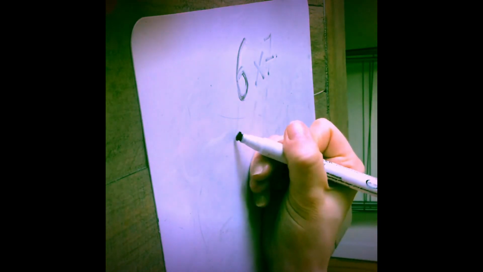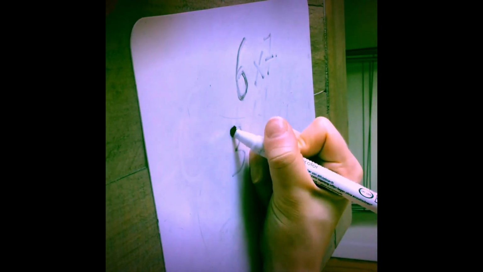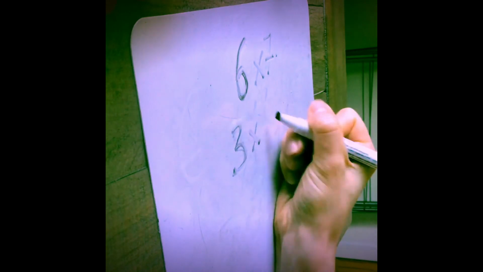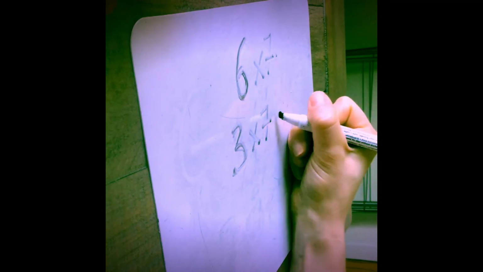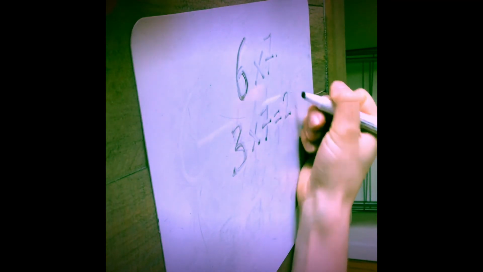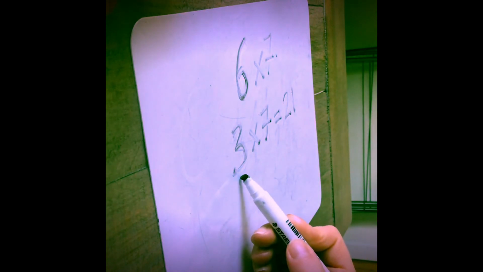Half of 6 is 3. So if you know your 3 times table, and you know that 3 times 7 equals 21, then to get our answer for 6 times 7, if we double 3, we get 6. So if we double this answer, we'll get 6 times 7.